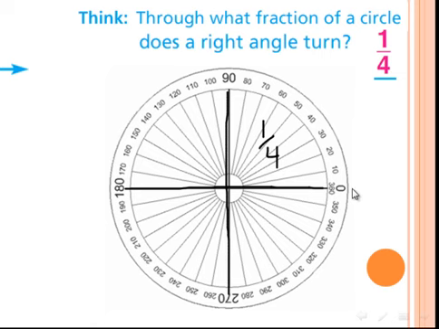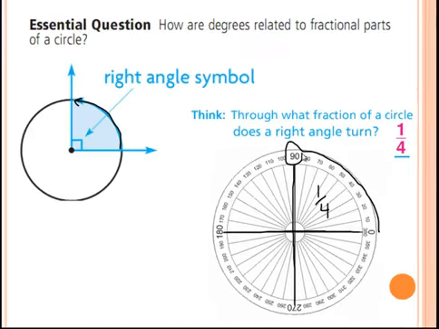And I'm going to count 0, 10, 20, 30, 40, 50, 60, 70, 80, 90. Now I know how many degrees inside 1/4. And 1/4 here is called a right angle. Then a right angle, 1/4, equals 90 degrees.